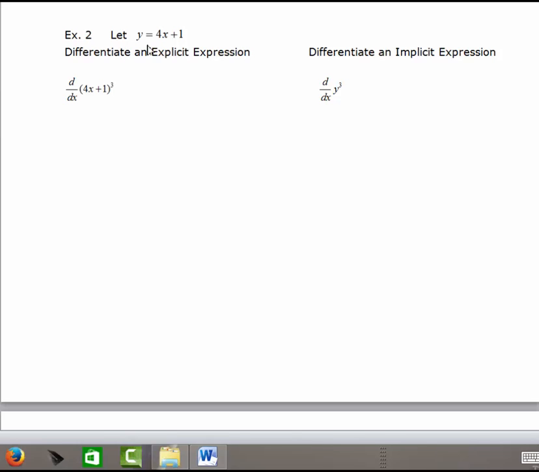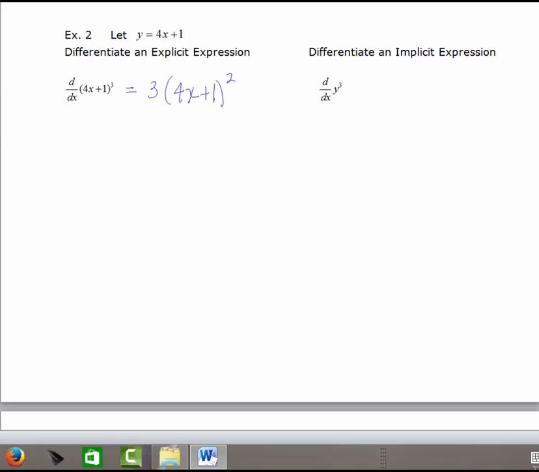And so we're assuming that y is some function of x. So we've got y equals 4x plus 1 cubed. Now, you already know how to take the derivative of this using the chain rule. The derivative would be 3 times 4x plus 1 squared.